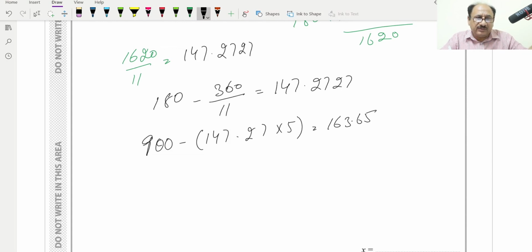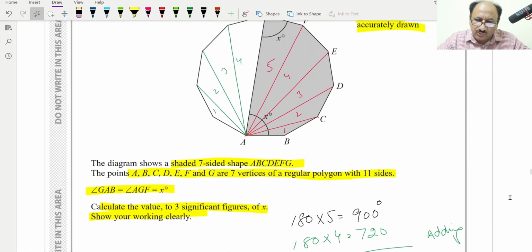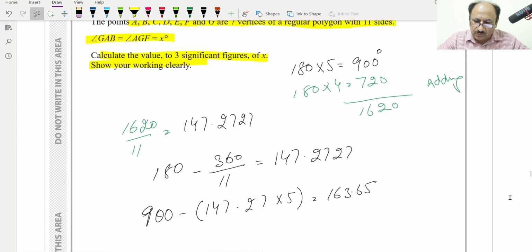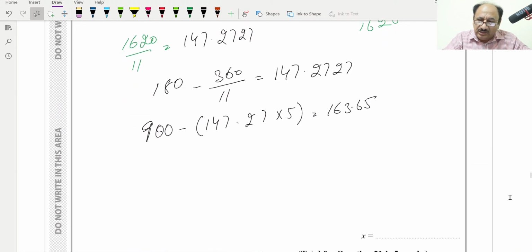163.65, and this angle will be divided into 2 because there are two x values. There are two x angles, so x means they are equal to each other. So we can write 163.65 divided by 2.